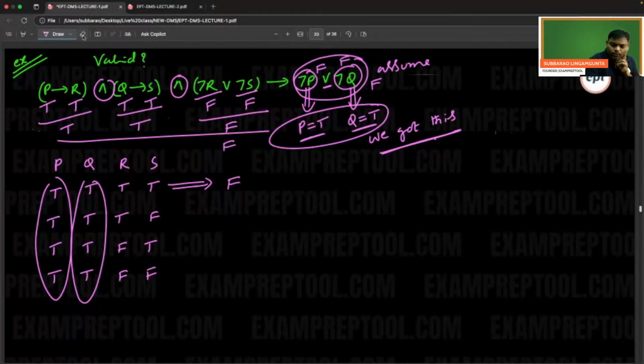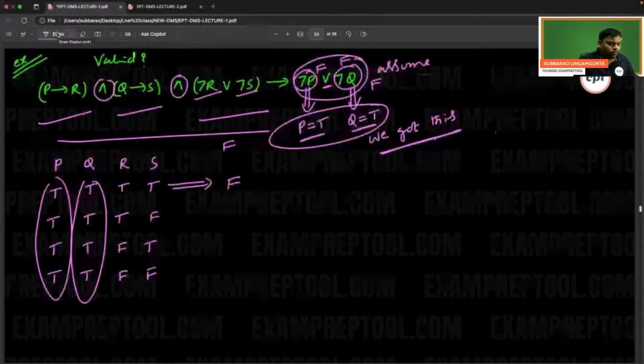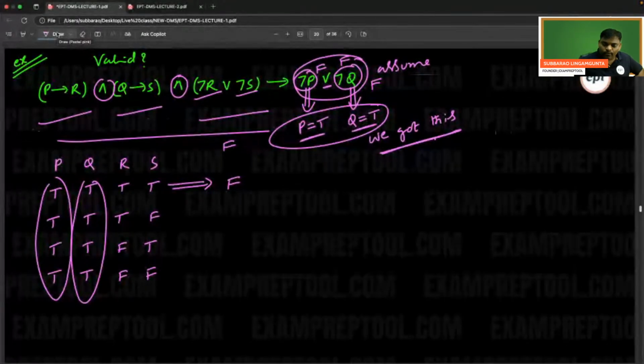Let's go to the second possibility. Everyone observe here. Second possibility is TF. P and Q are T only.